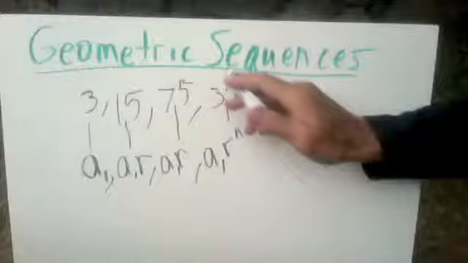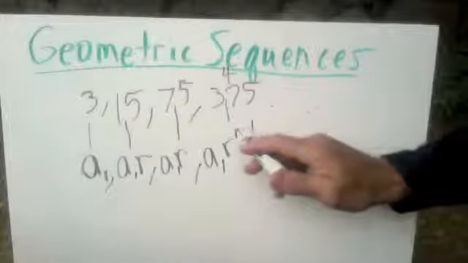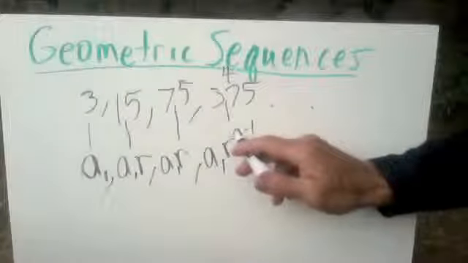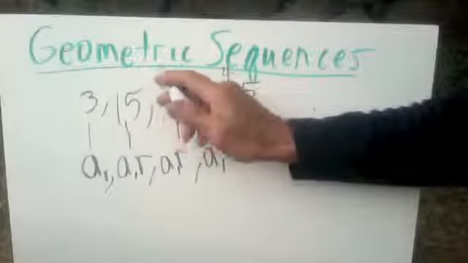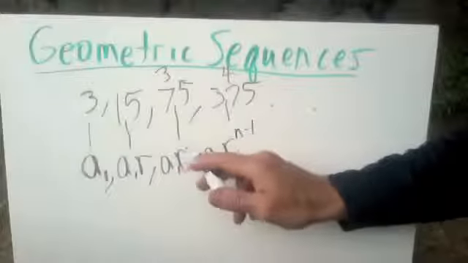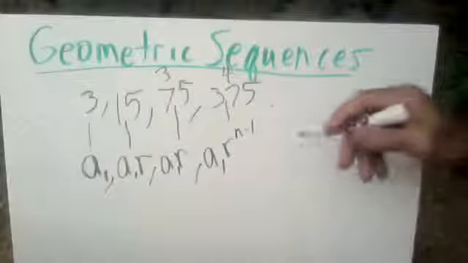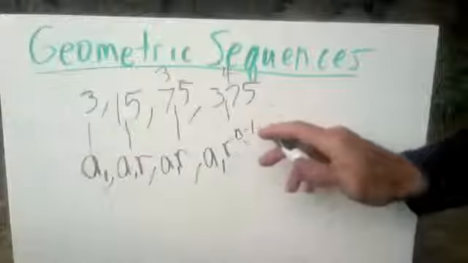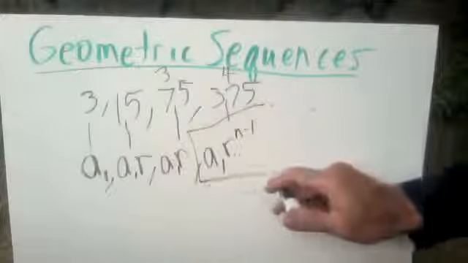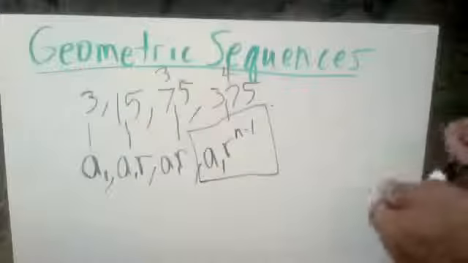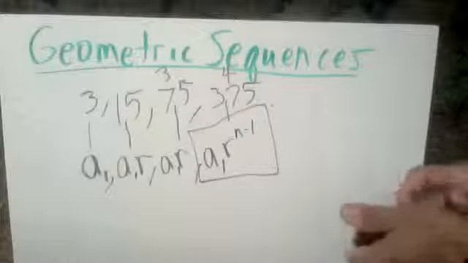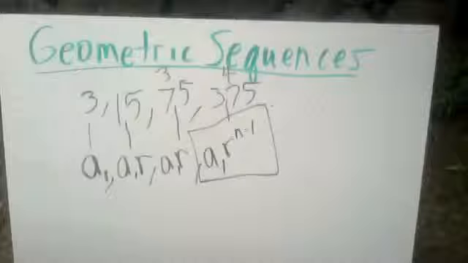So if this is our fourth term, then that's going to be 4 minus 1, that's going to be to the third. This is our third term, it's going to be n minus 1, it's going to be 2 here. So this is our general formula for finding any number in a geometric sequence. Okay? All right, hope that made sense.